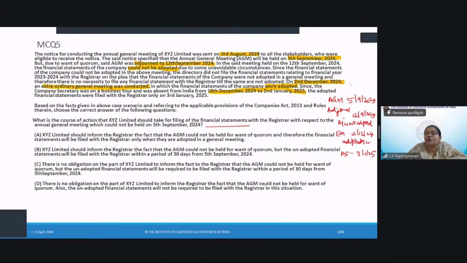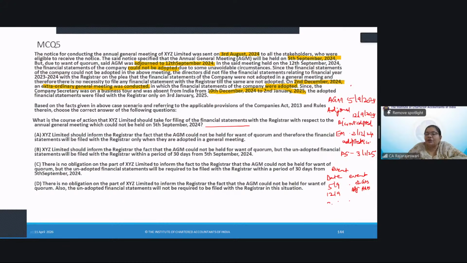The points in chronological order with the date. So if you get a question like that, write the date in chronological order and then the event. Put it as date and event. So on 5th September, the meeting was called and this was an AGM. It was adjourned to an adjourned AGM.